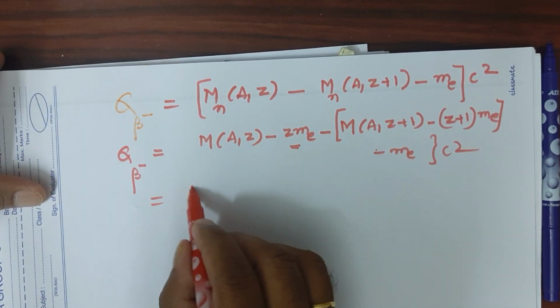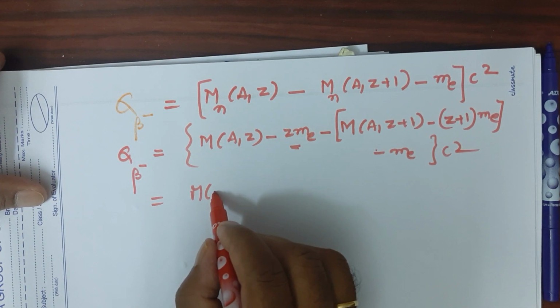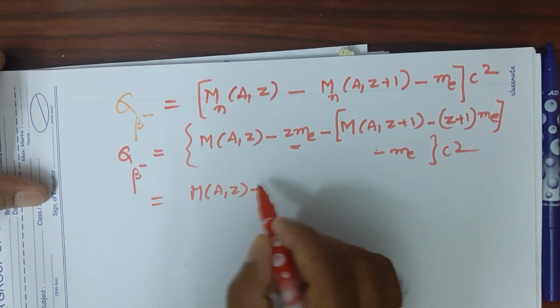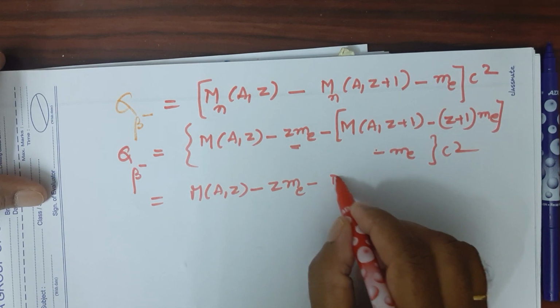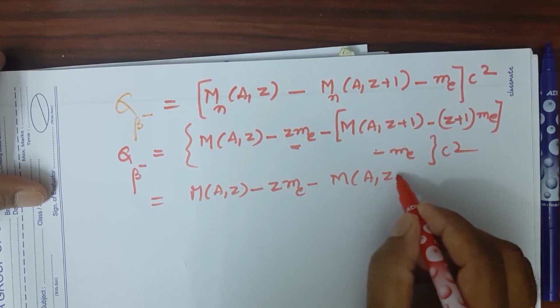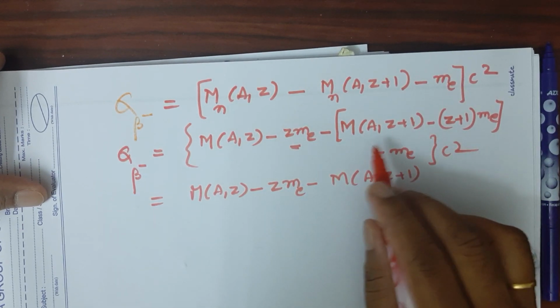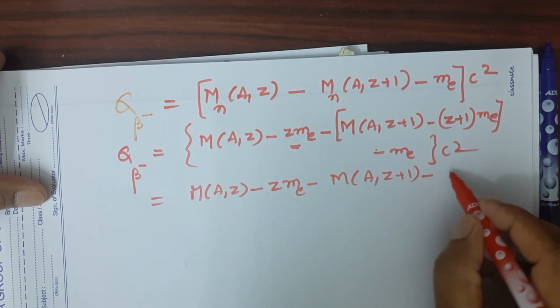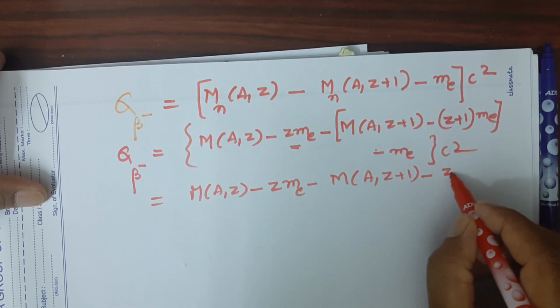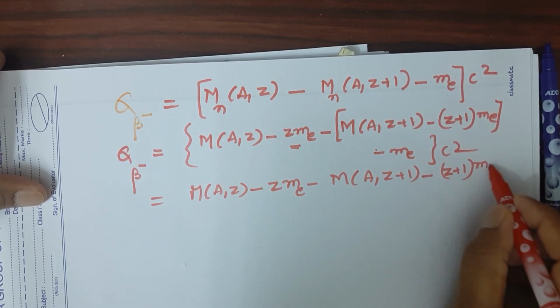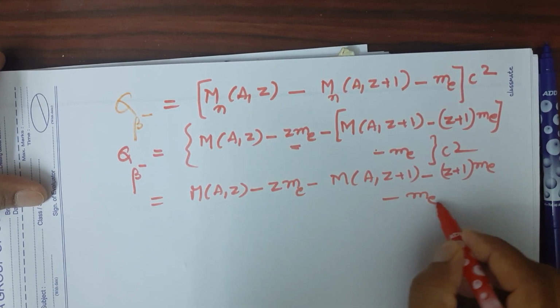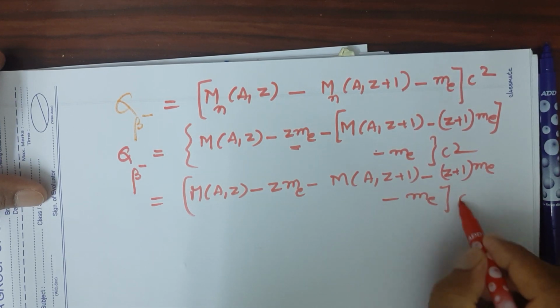So that equals m of ZA minus Zme minus m of A Z plus 1 plus Z plus 1 into Me minus Me, into c square.